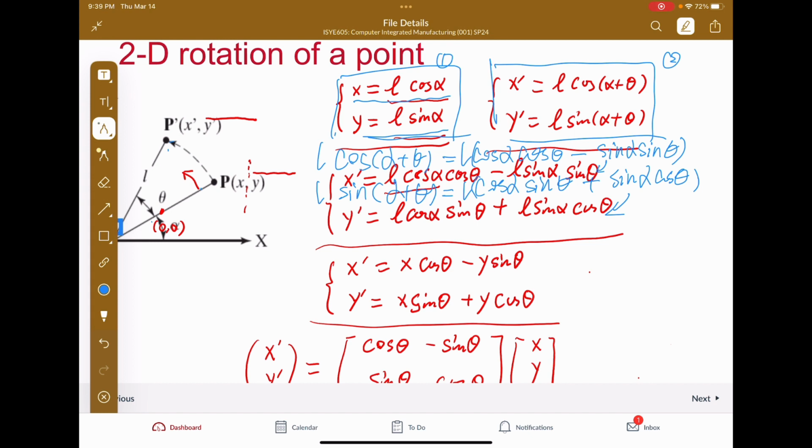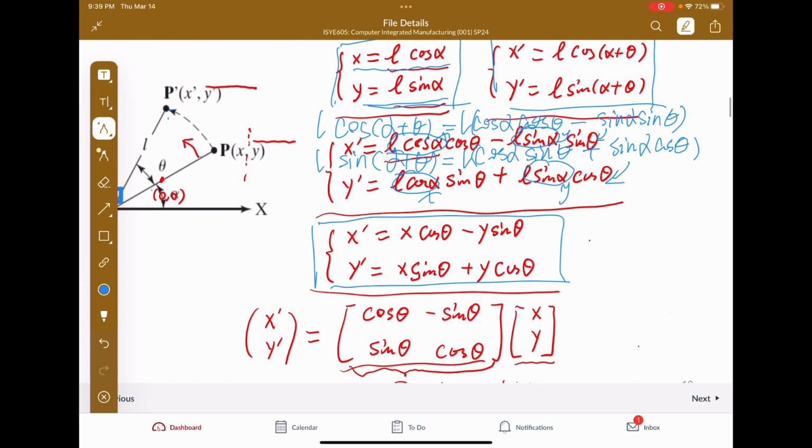Look at these two equations. You will find L cosine alpha is equal to x, and L sine alpha is equal to y. So substitute, using x and y to replace this, and then you will get this equation.